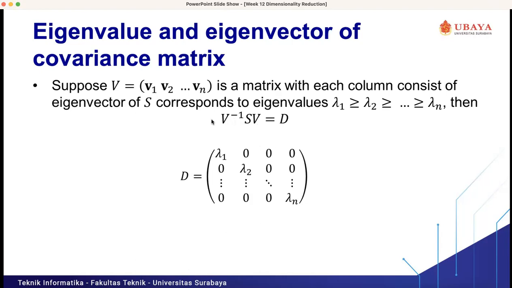Okay, so this is just a property of eigenvalues and eigenvectors. If we already have the eigenvalues and eigenvectors, and multiply them with the covariance matrix and multiply again by the eigenvectors, it will be the matrix D. This is just a property of the eigenvalues and eigenvectors with the covariance matrix.